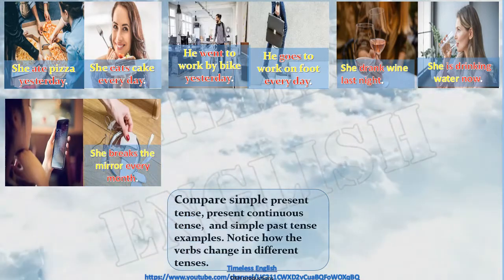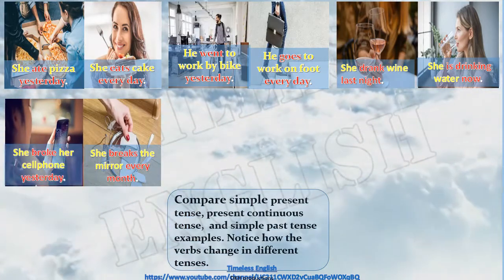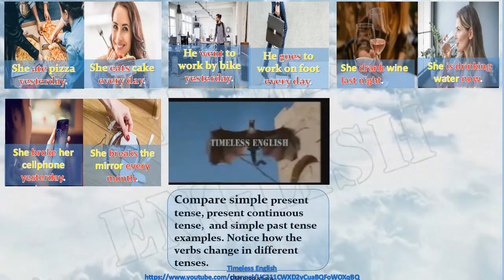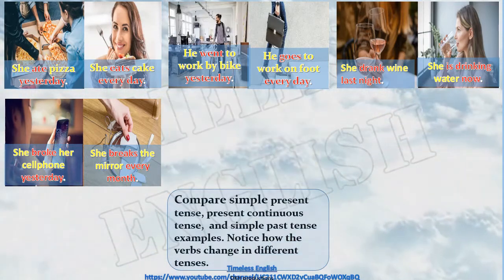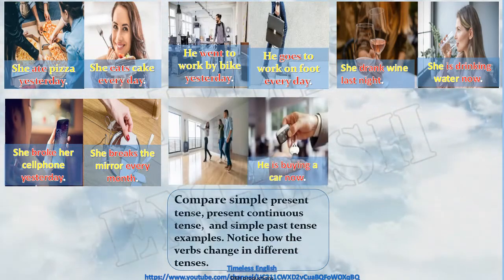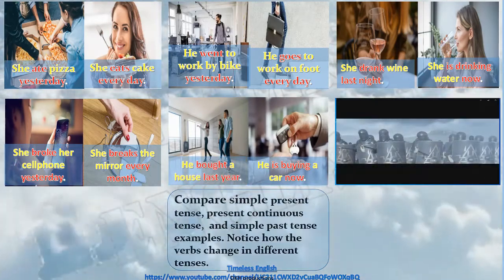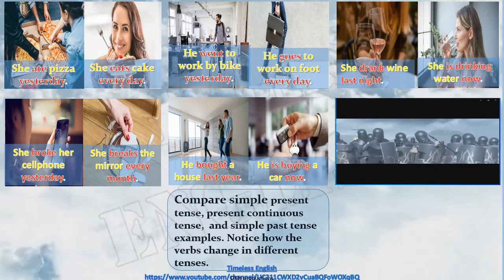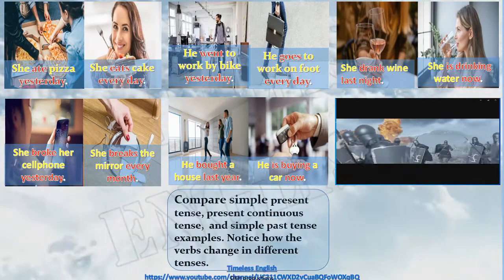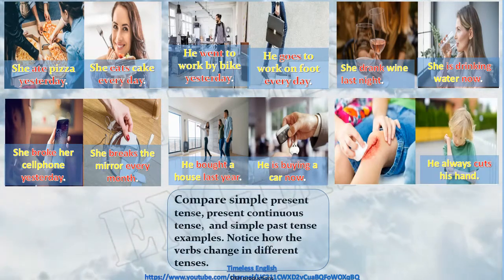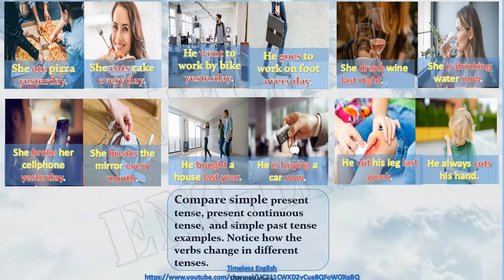She breaks the mirror every month. She broke her cell phone yesterday. He is buying a car now. He bought a house last year. He always cuts his hand. He cut his leg last week.